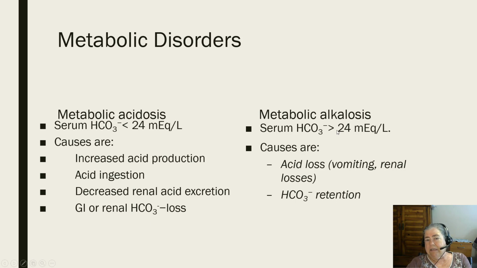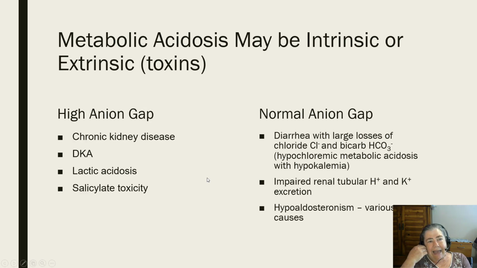Metabolic alkalosis, the serum bicarb will be above 24. And the causes of metabolic alkalosis include the loss of hydrogen ions either from the stomach or the kidneys, or the retention of excessive bicarb. As I said, metabolic acidosis can be caused by an intrinsic condition like diabetes, or it can be extrinsic from ingested toxins.